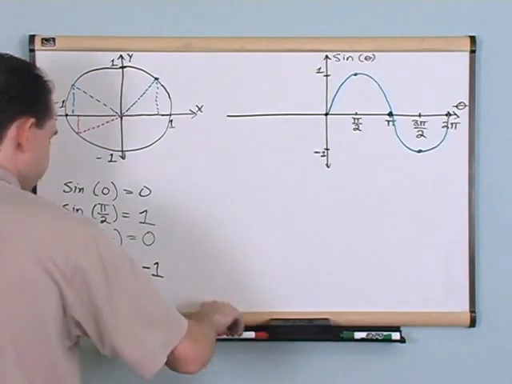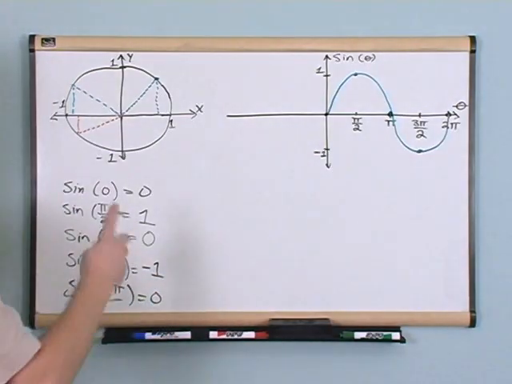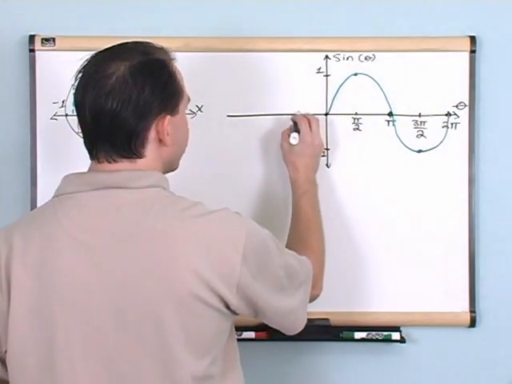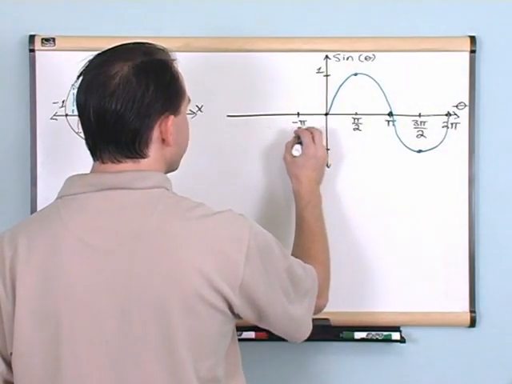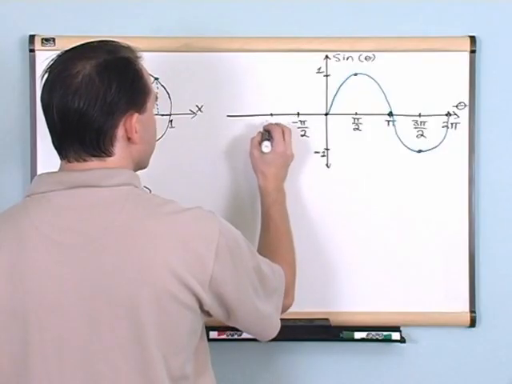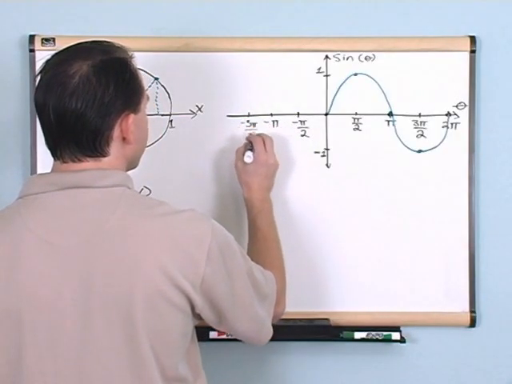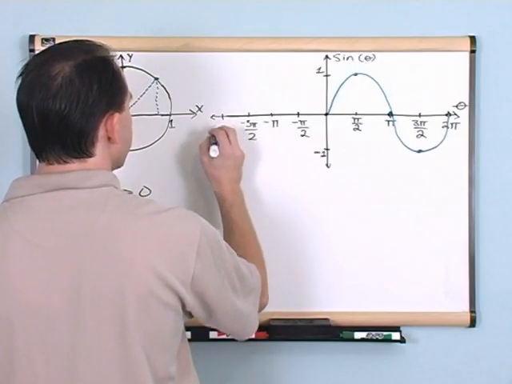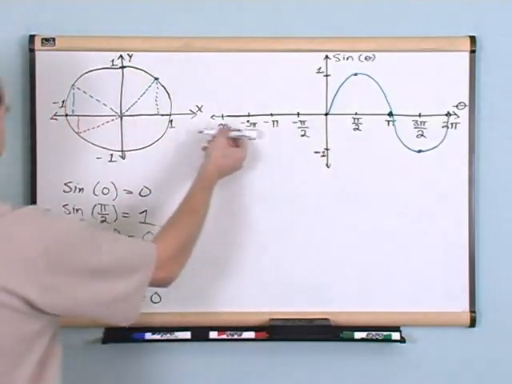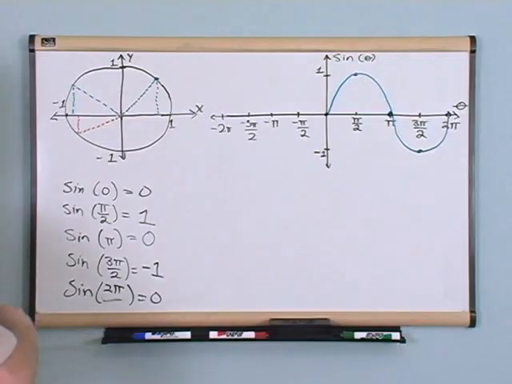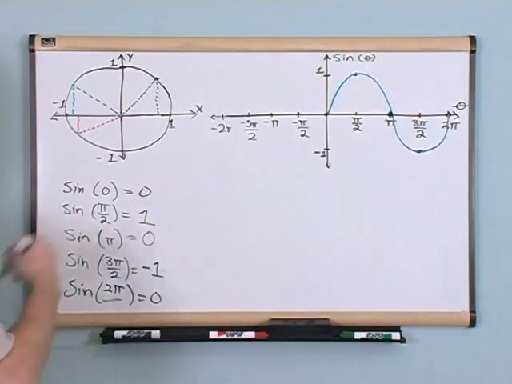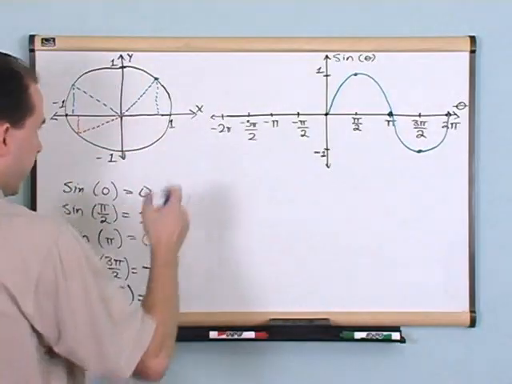Now, one thing I will say, just to kind of drive it home, is you also have the negative angles: negative pi over 2, negative pi, negative 3 pi over 2, and negative 2 pi. Of course, you can go back farther negative if you want. And really what you have is the same deal here. Okay?